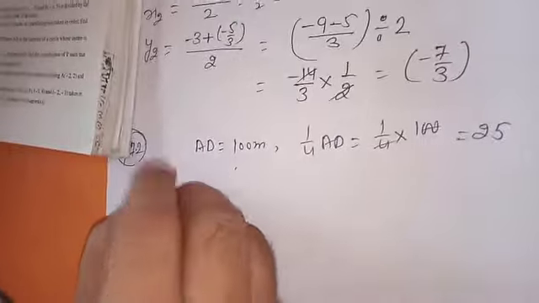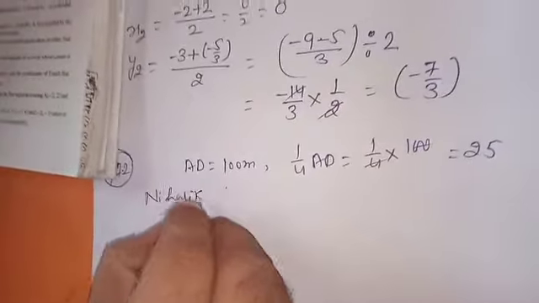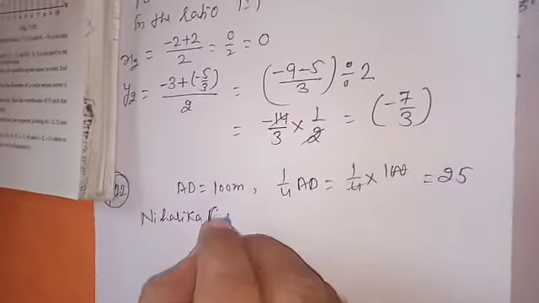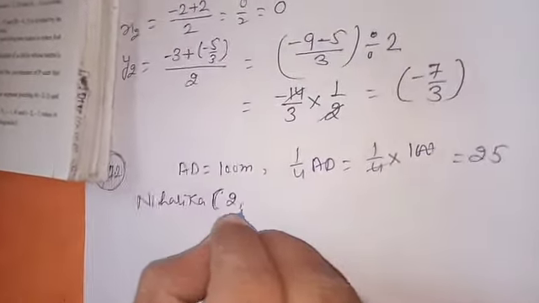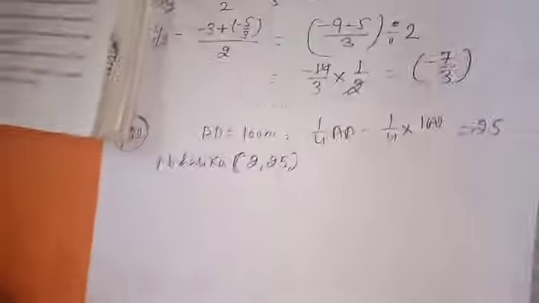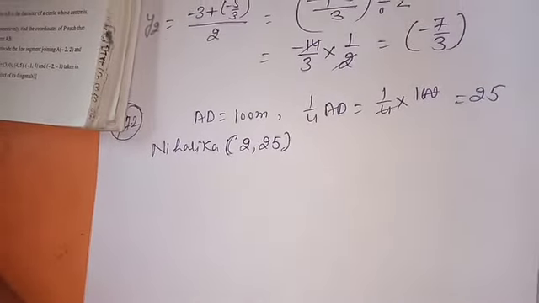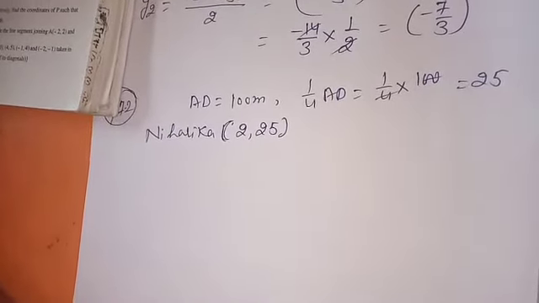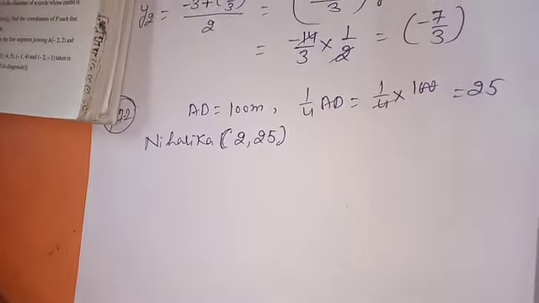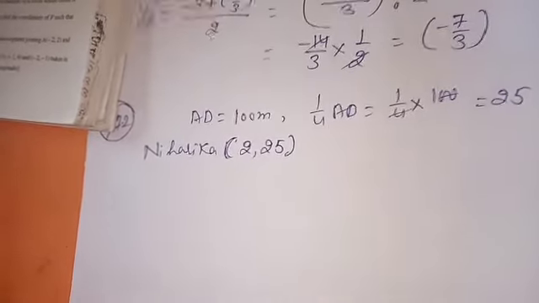So what are its coordinates? Niharika is standing at which position? 2 and 25. Yes or no? She runs along the second line and posts a green flag. Preeti runs 1/5 of the distance of AD.